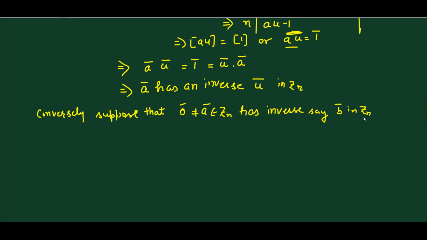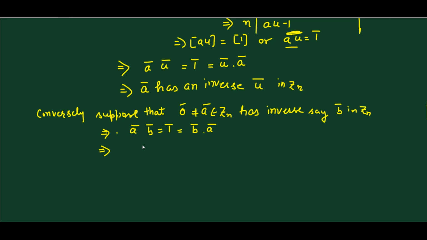So for the reverse part, we have assumed that a is a non-zero element having an inverse in Zn. So apply the definition of inverse. This implies that if the class of b is the inverse of a, then the product of these two classes is 1, because b is the inverse of a.